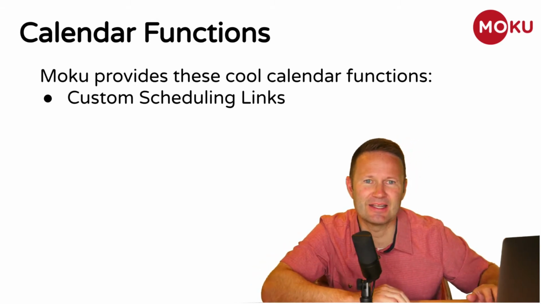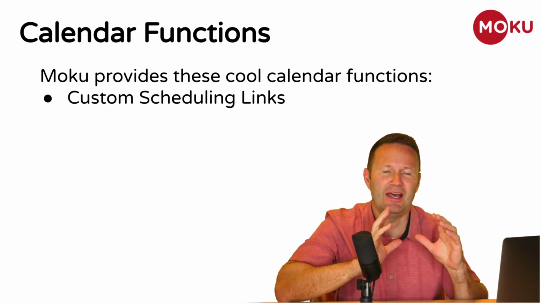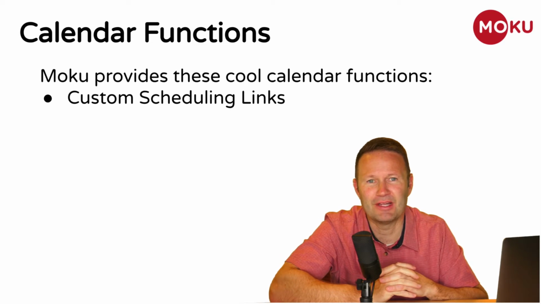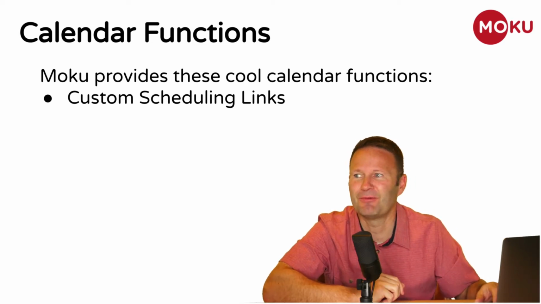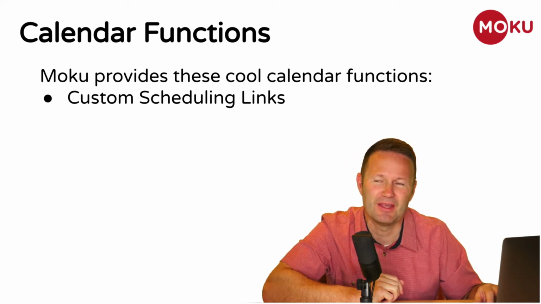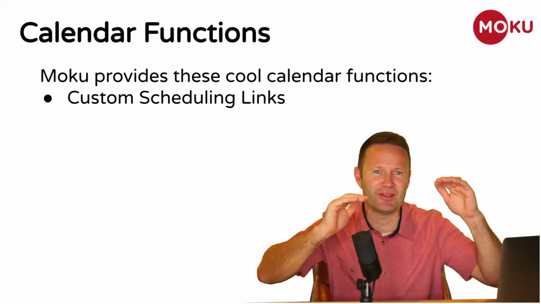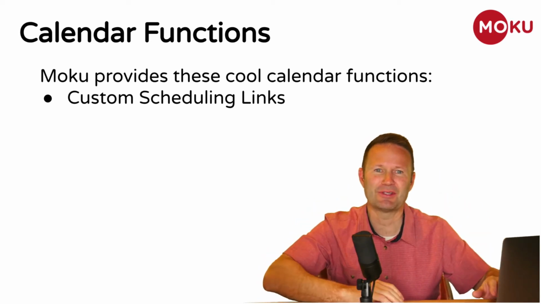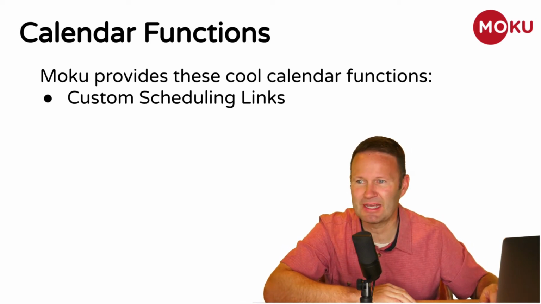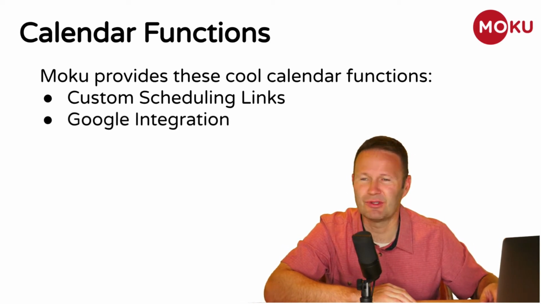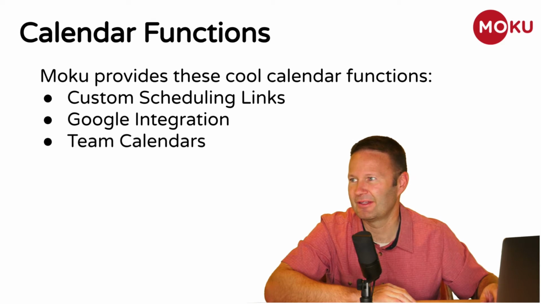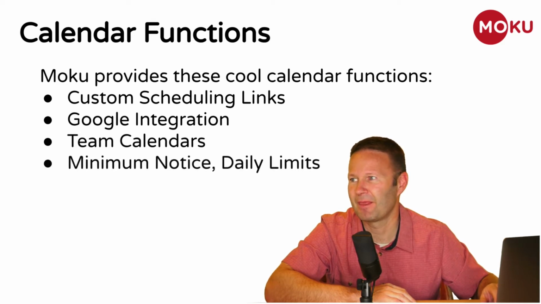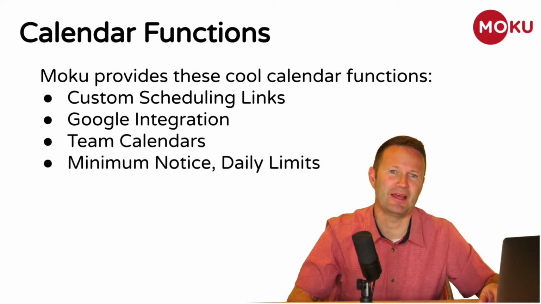What this means is that you're able to produce a particular link for a specific type of event within a particular calendar. I'm going to touch upon all the cool features I want to talk about, and then I'm going to show them to you in a demonstration. So, custom scheduling links, Google integration, team calendars, minimum notice, and daily limits.